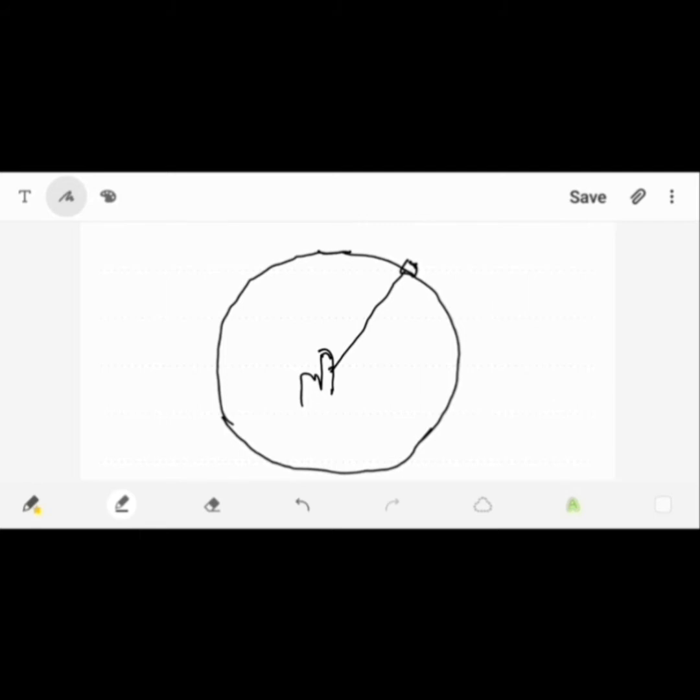When you rotate it in the circular path, the motion of the stone is said to be circular motion. But if you rotate the stone along the circular path with uniform speed, then the motion described by the stone is said to be uniform circular motion. So you have to keep in mind the difference between circular motion and uniform circular motion.